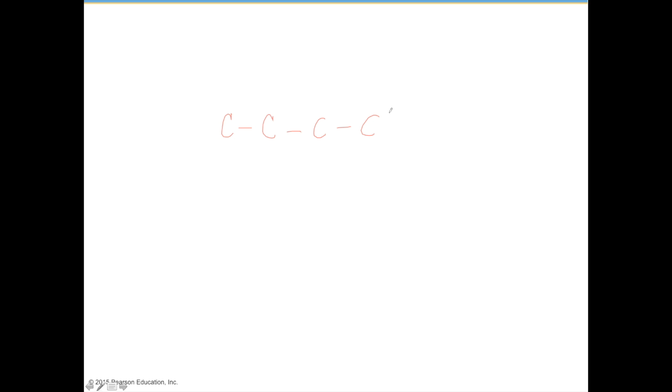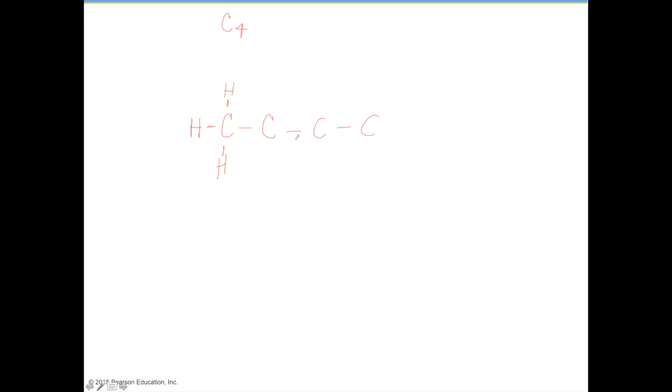So here we have 4 carbons, all right? So it would be the molecule that I'm going to draw out. It's going to be C4. Now, here's the thing when you're looking at these. You need to have 4 bonds all around. Normally when we're looking at organic compounds, they're mostly going to be made up of carbon and hydrogen. So around this carbon, we have 1, 2, 3, 4.